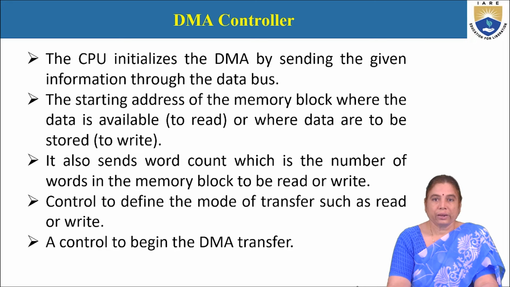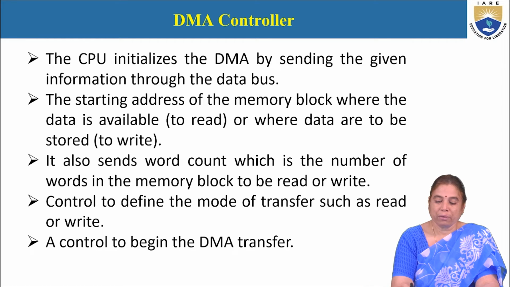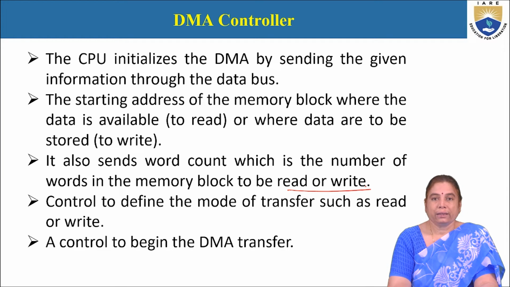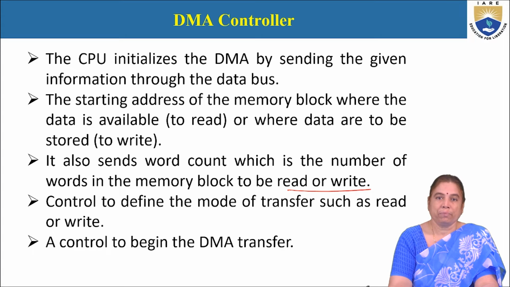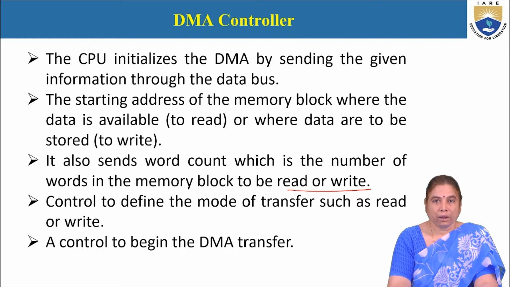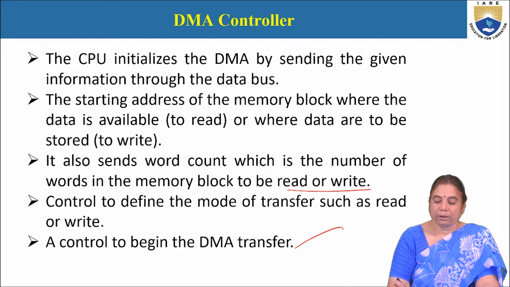It also sends the word count, which is the number of words in the memory block to be read and written. So the amount of data used for the read and write operation is indicated by the word count register. The control is used to define the mode of data transfer, whether it is read or write, and a control to begin the DMA transfer.